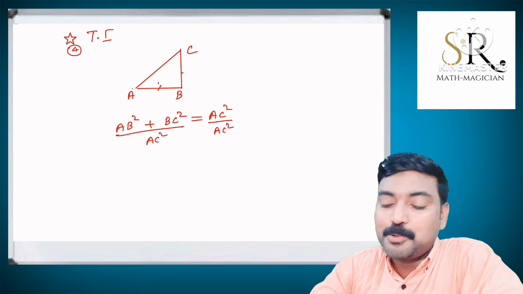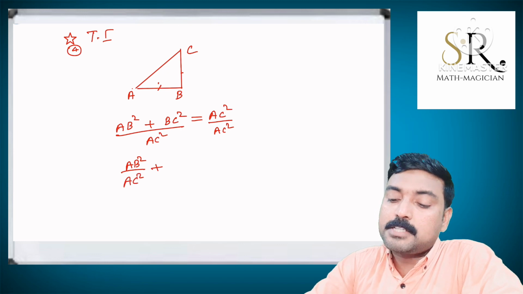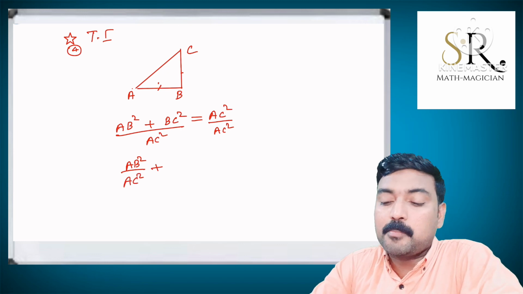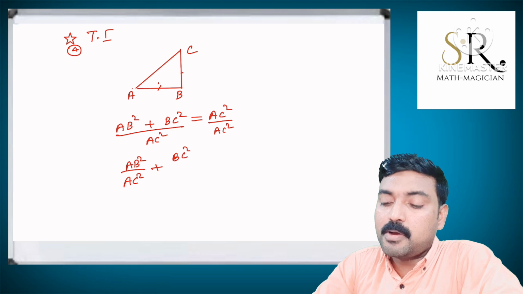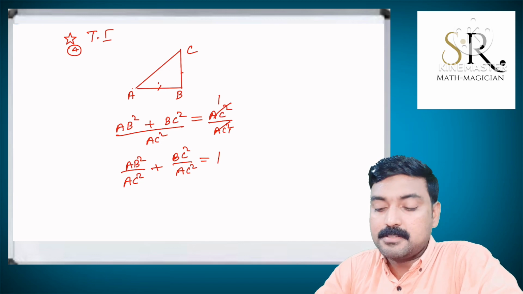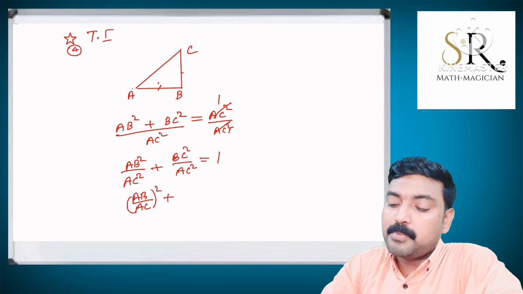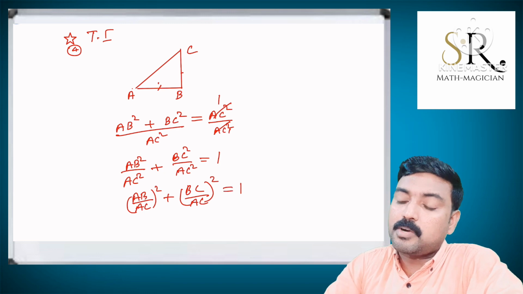So AB square by AC square plus BC square by AC square is equal to, what is AC square by AC square? It's 1 time. So 1 is the answer. Here both having square, we can commonly write AB by AC whole square plus BC by AC whole square is equal to 1.